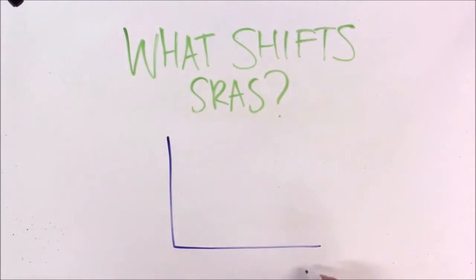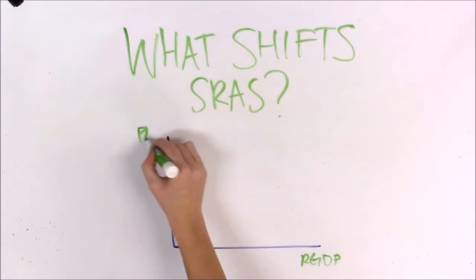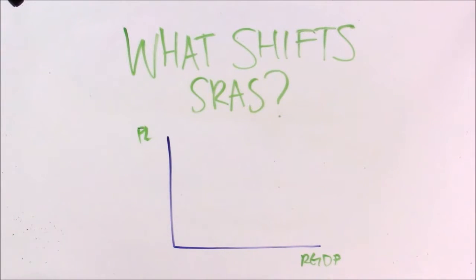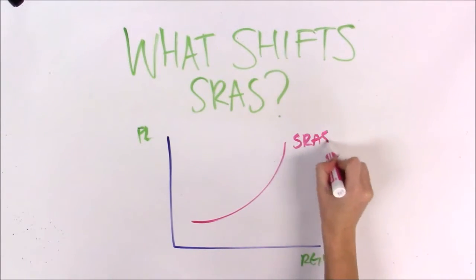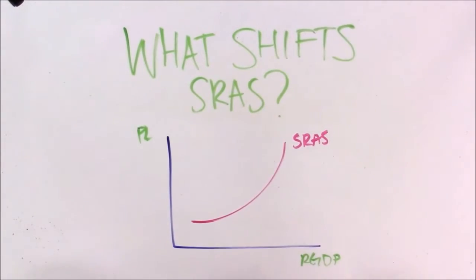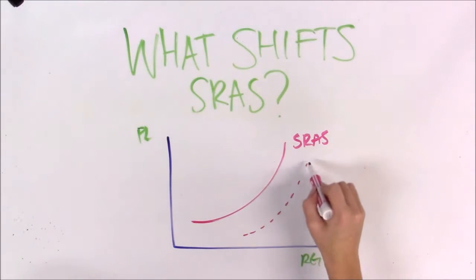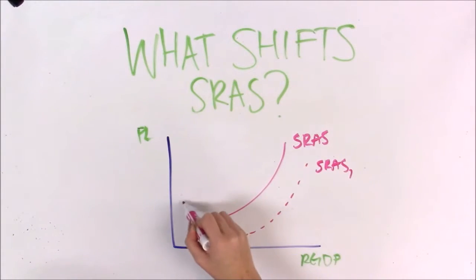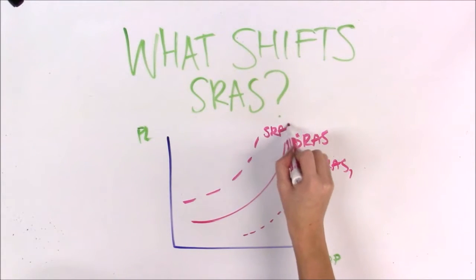Now we will look at the effects on our GDP and price level of the shifting outwards or inwards of short-run aggregate supply. When short-run aggregate supply curves shift to the right or outwards, price level is lower at every output and output is higher at every level.